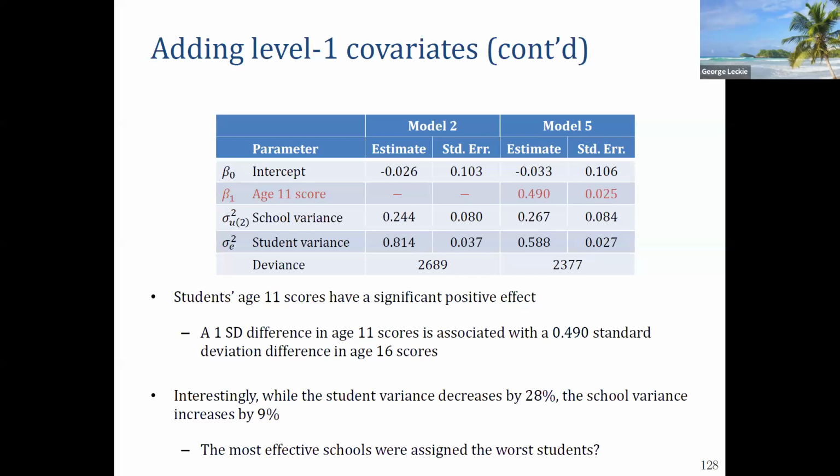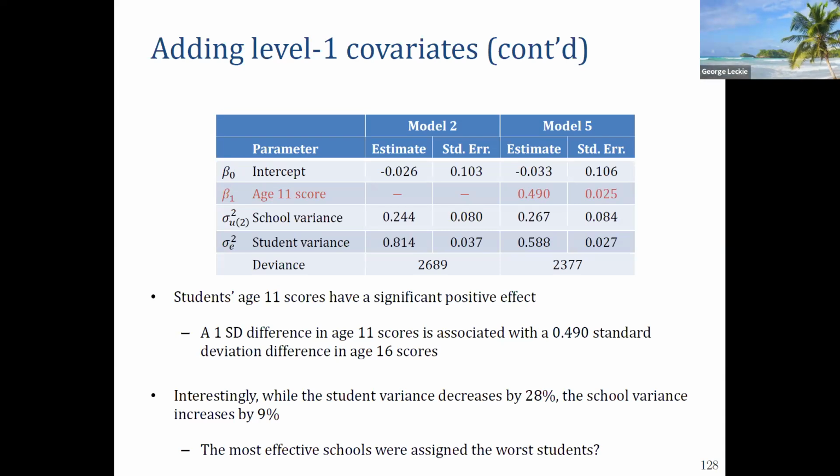If you think about it, and I have thought about it previously and forgotten, so I'm glad I've written it down, what it implies is that the most effective schools were assigned the worst students. With surgeons and mortality rates, you hope you give the sickest patients to the best, most experienced surgeons.